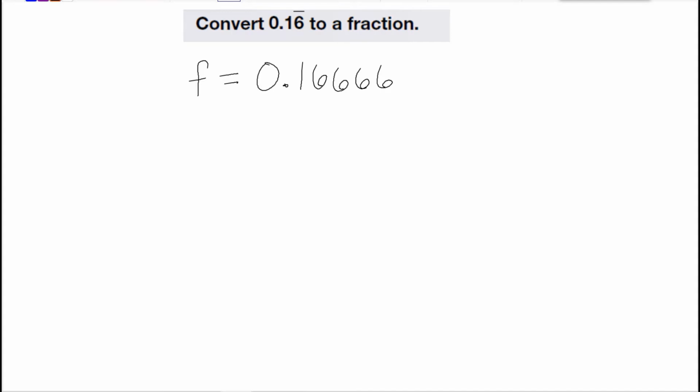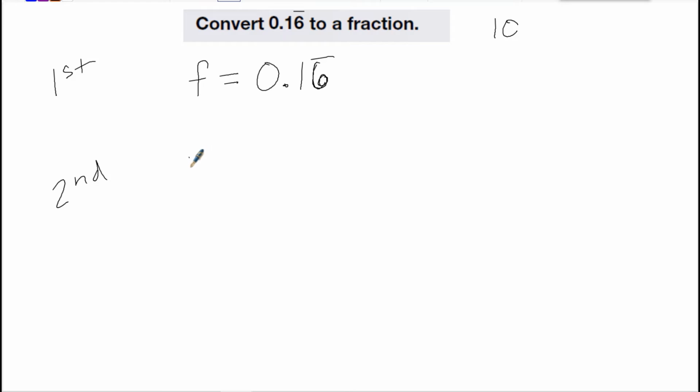Since there is only one number that repeats, for the second equation I'm going to multiply both sides by 10. You can think the number of zeros you're multiplying by is how many numbers repeat. So since only one number repeats, that's only one zero, which is 10.